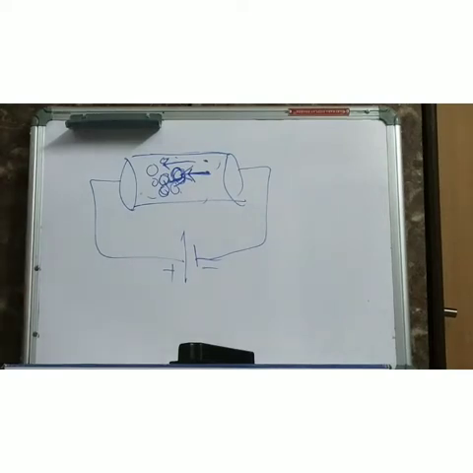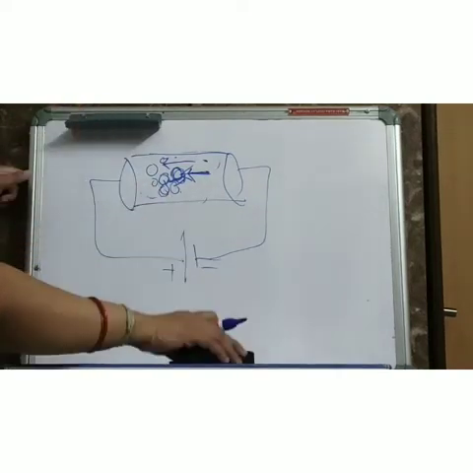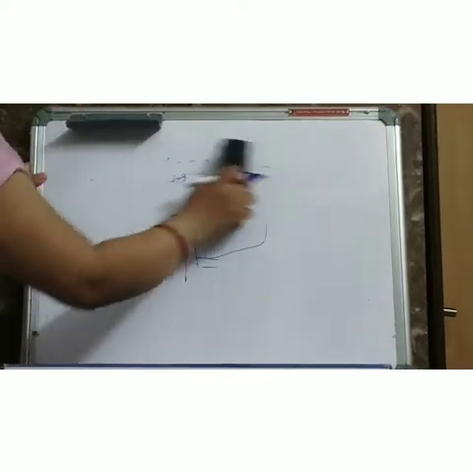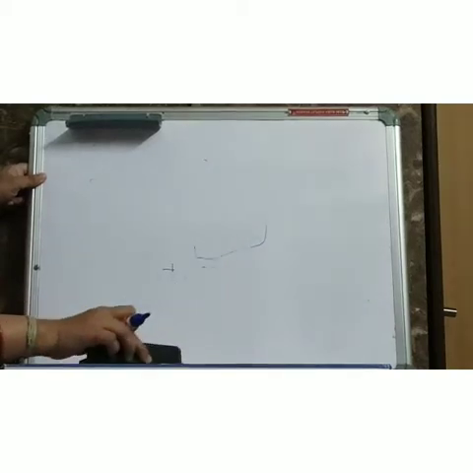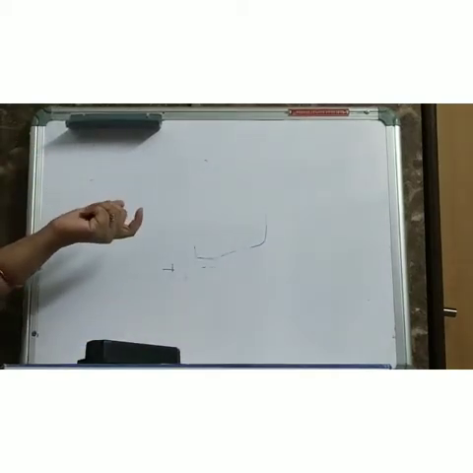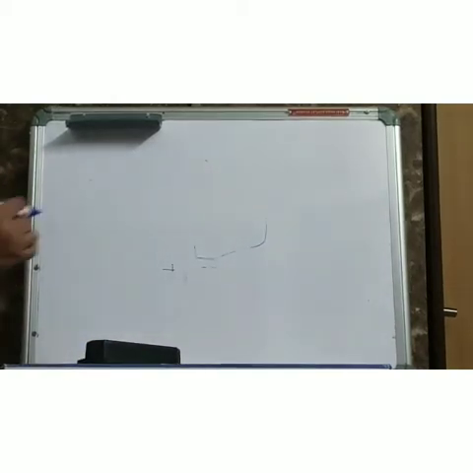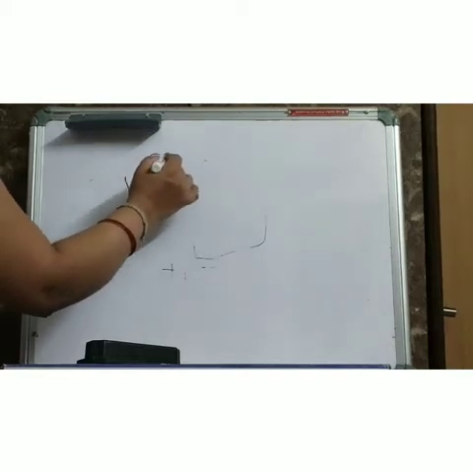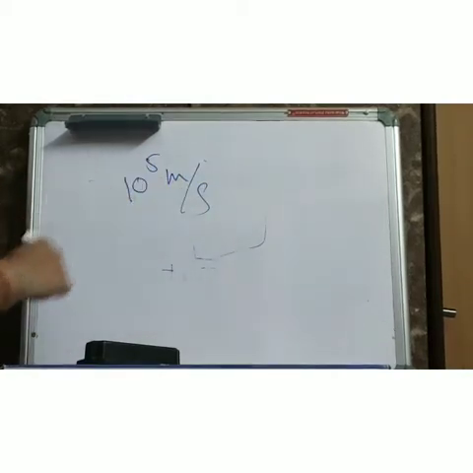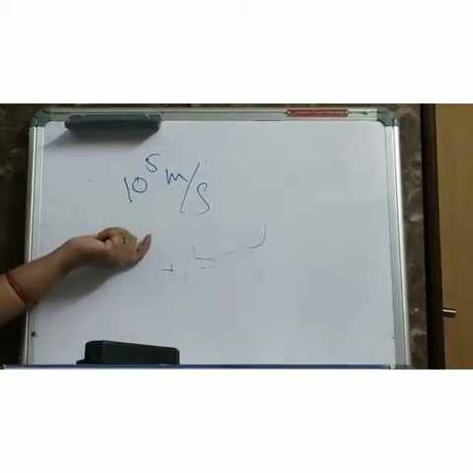Do you know what is the speed of electrons when they are moving in a random fashion? It is really very high. When electrons move in random motion, it is around 10 to the power 5 meter per second. But what is the drift speed of these electrons?